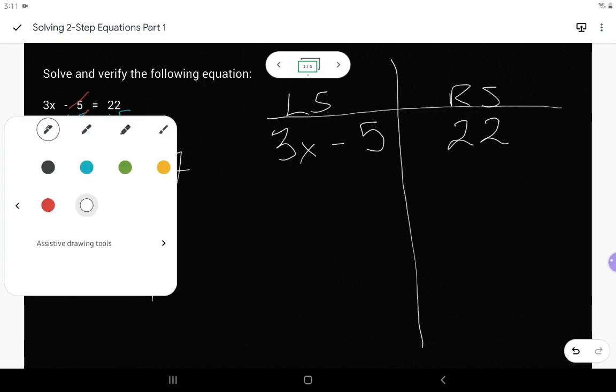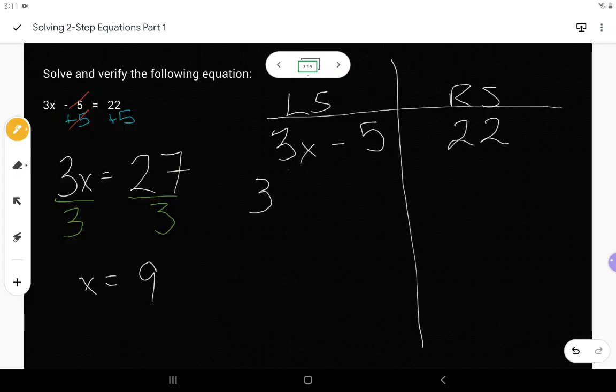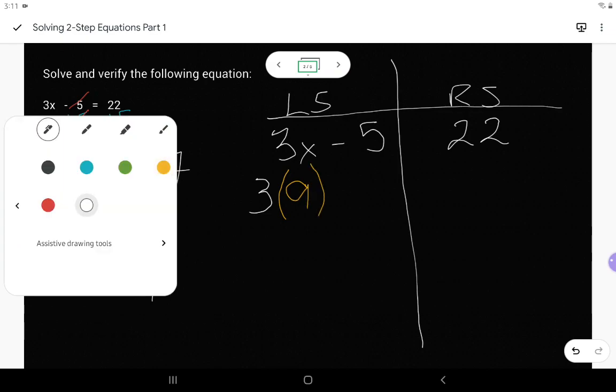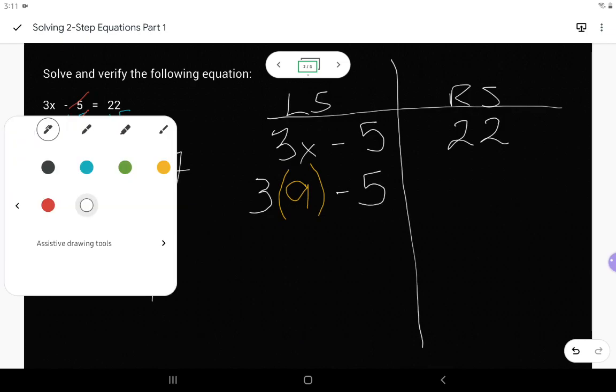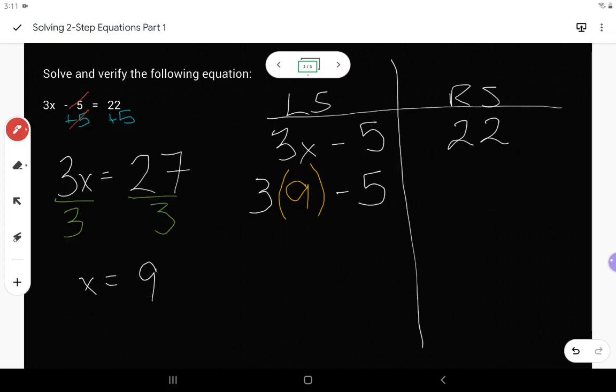So I'm going to start off by saying I have 3, and then I'm going to change x to be 9. And remember, when you substitute into your expression, make sure you put that value in brackets. So I have 3 times 9 minus 5. So order of operations tells me that I must multiply before I subtract.